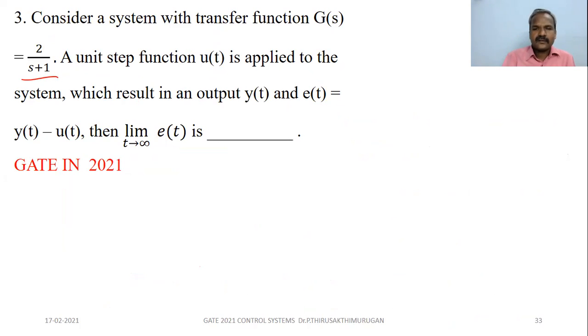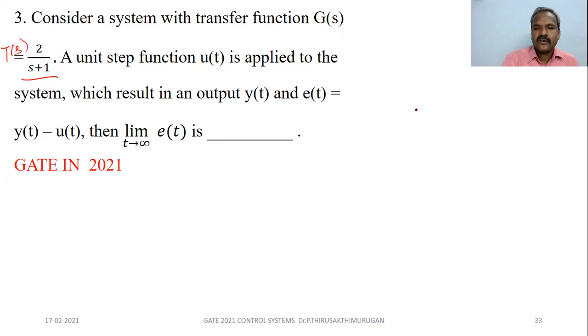This is actually the closed loop transfer function. This is not g of s. This should be t of s, right? So t of s.